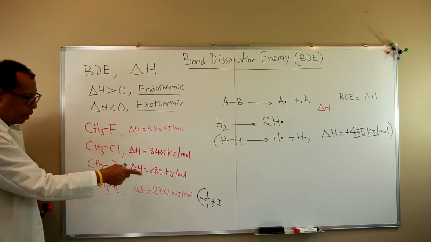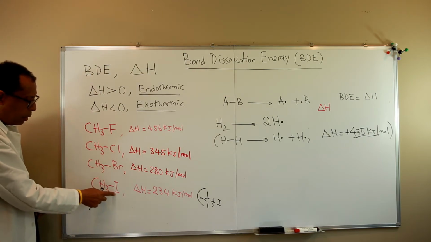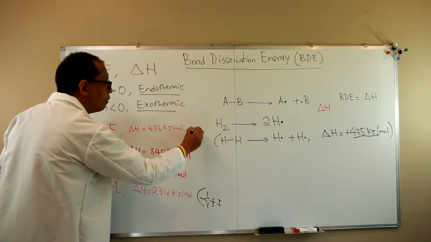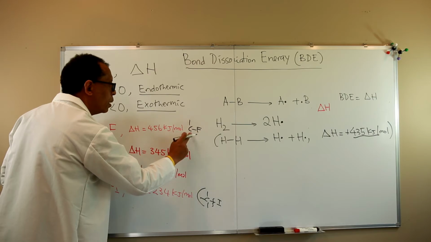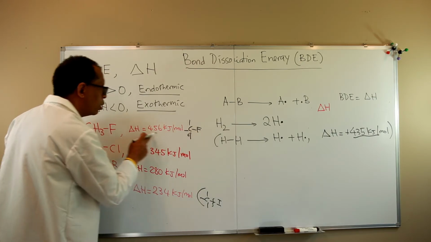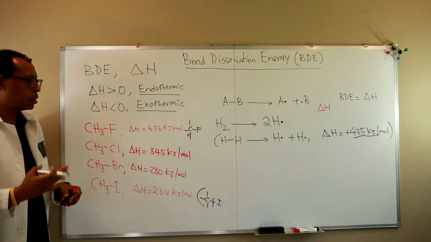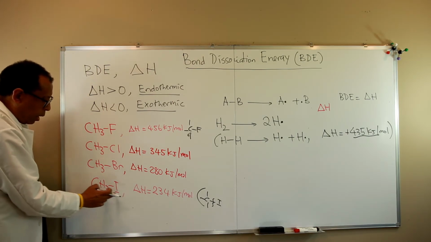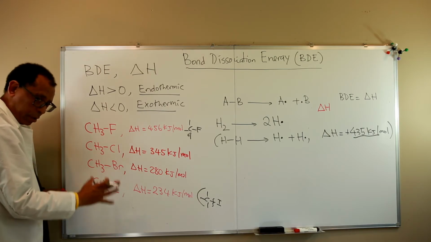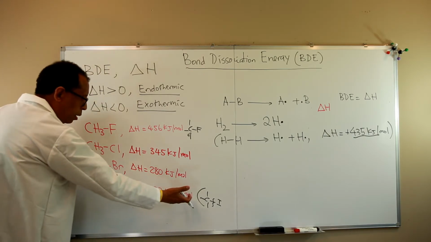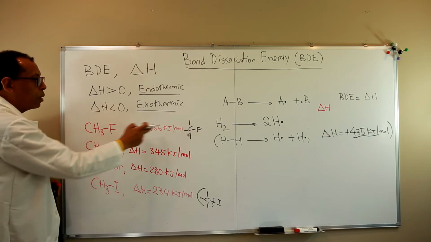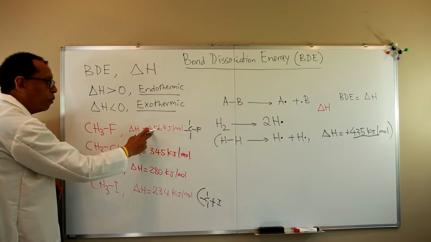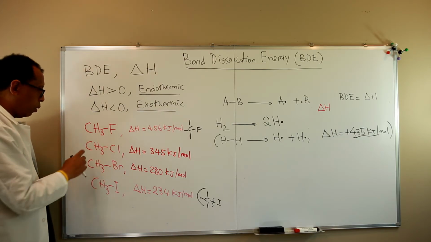It's easier to homolyze the carbon-iodine bond than to break a carbon-fluorine bond, because this one requires 456 kilojoules per mole, but the carbon-iodine bond is relatively weaker than the carbon-fluorine bond. The carbon-fluorine bond is very strong. It requires 456 kilojoules per mole.